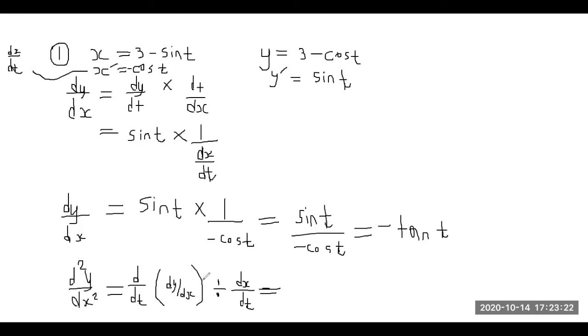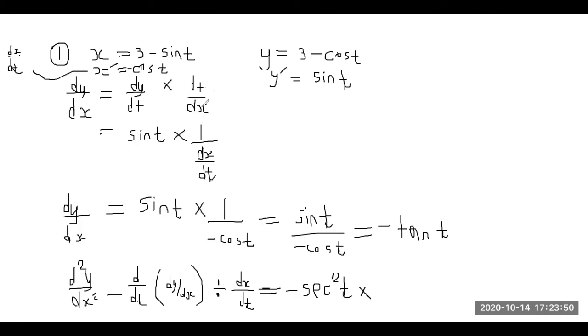And so what that works out to be is, let's find the derivative of dy/dx. When we differentiate tan, you get sec squared. So when we differentiate tan t, we're getting sec squared t divided by, now, dividing by dx/dt is the same as multiplying by dt/dx.